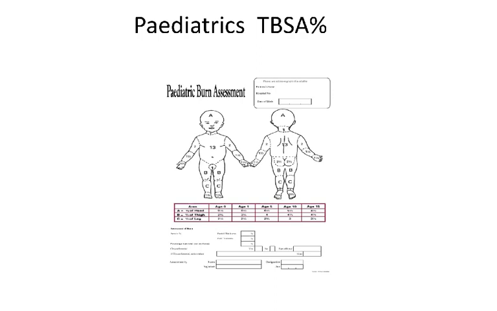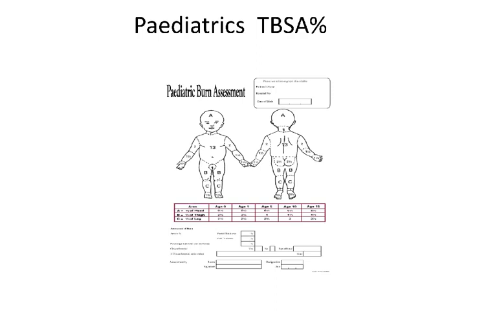So pediatrics, we use different percentages for pediatrics because the surface area on the head and the neck, relative to the surface area of the limbs, is typically higher in children than in adults. So this is a little bit harder to remember than the rule of nines, because there are different numbers here, but you will often see these pediatric burn assessments.